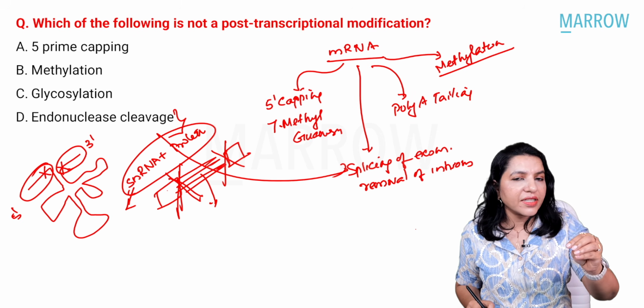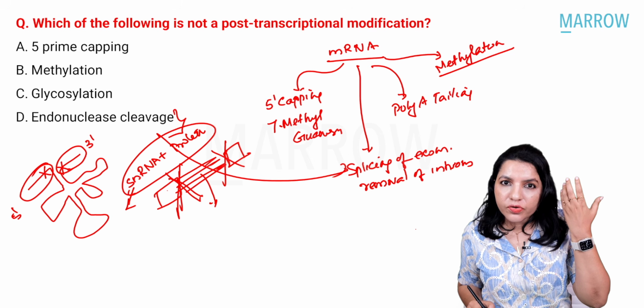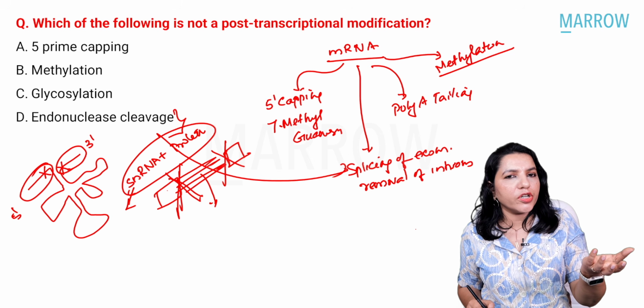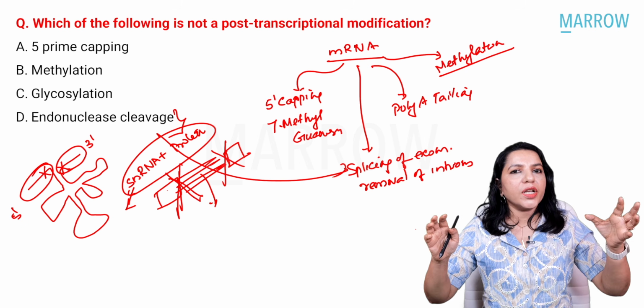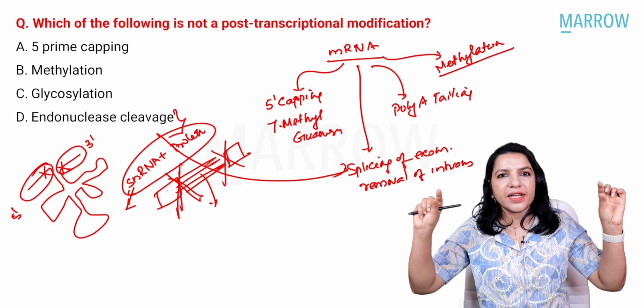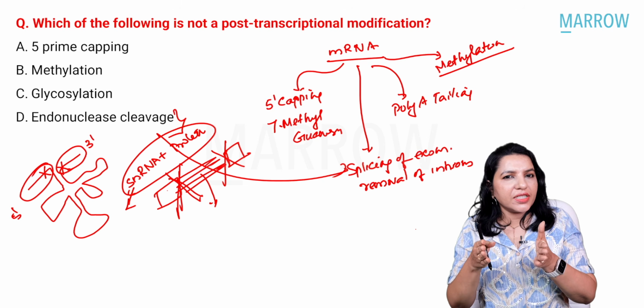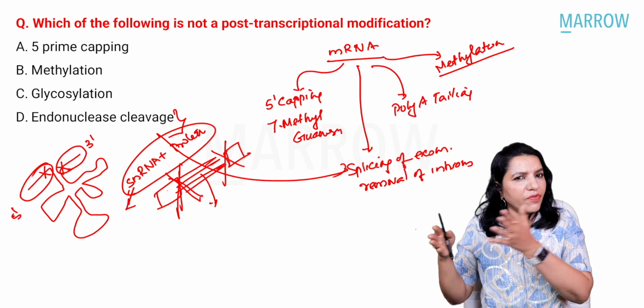So in that case also endonuclease cleavage is there. Like if you see the ribosomal RNA modification also, if it is formed, it is a long single RNA which has to be cut into 28S, 18S and 5.8S, 5S.